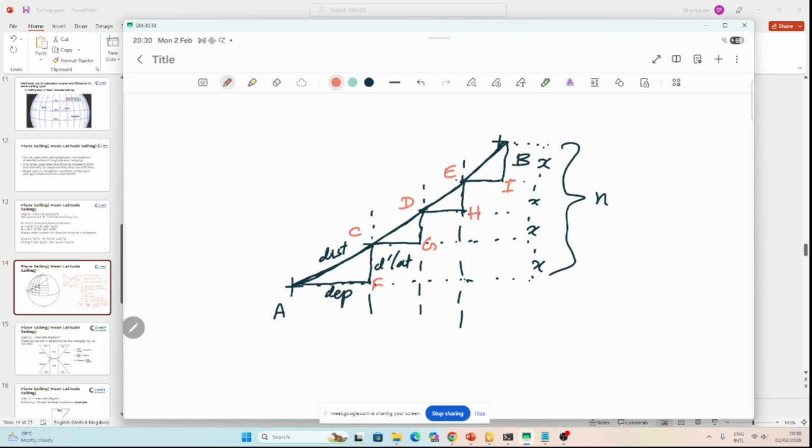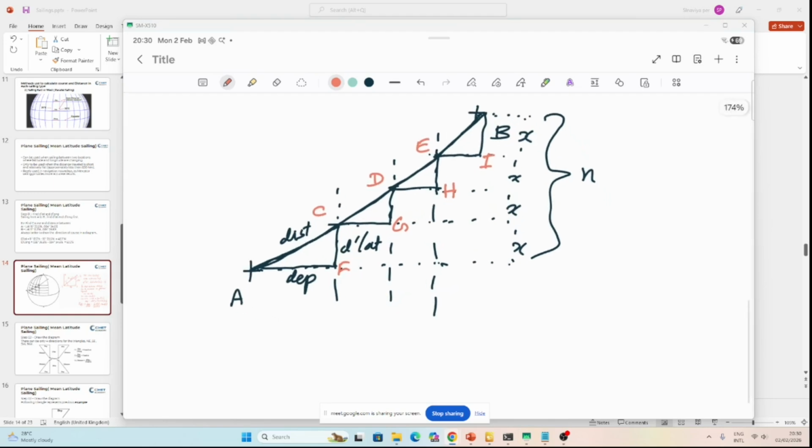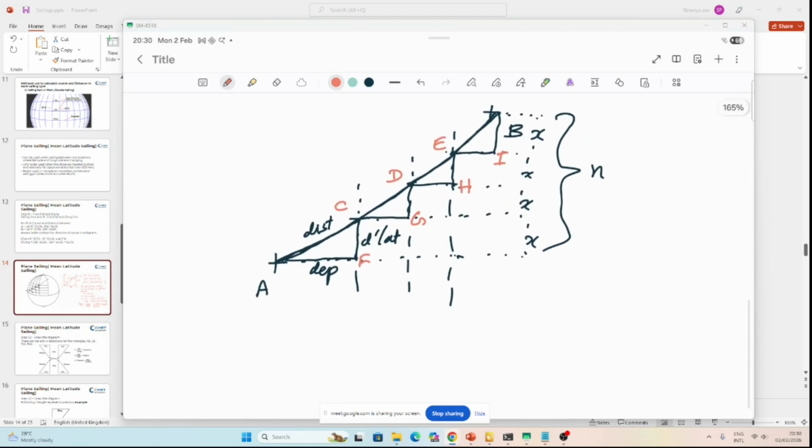Now, since we consider the small triangle ACF, just consider the ACF triangle. You can see it is basically a flat triangle where I can use flat trigonometry.